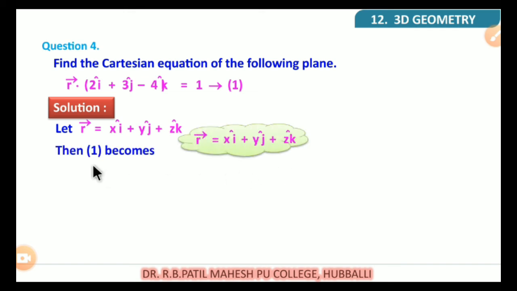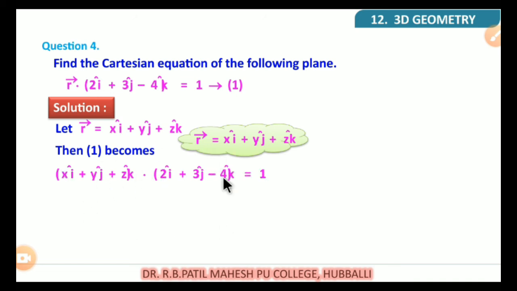Now equation number 1 becomes (xi plus yj plus zk), because this is the value of r vector. Next, dot product with 2i plus 3j minus 4k is equal to 1.